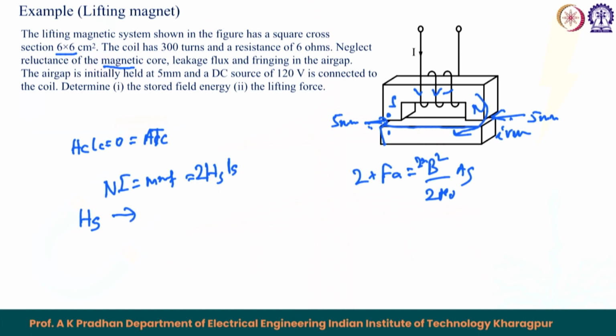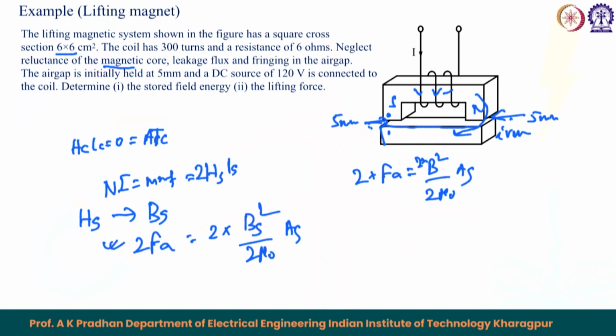From Hg you can find out the corresponding Bg, the flux density in the gap, and then from Bg you can find out the corresponding Fa for each side. So, the total force in the system becomes 2Fa, and that equals 2 into Bg squared upon 2 mu naught into Ag, and Ag here is 6 into 6 centimeter square, that equals 6 into 6 into 10 to the minus 4 meter square.